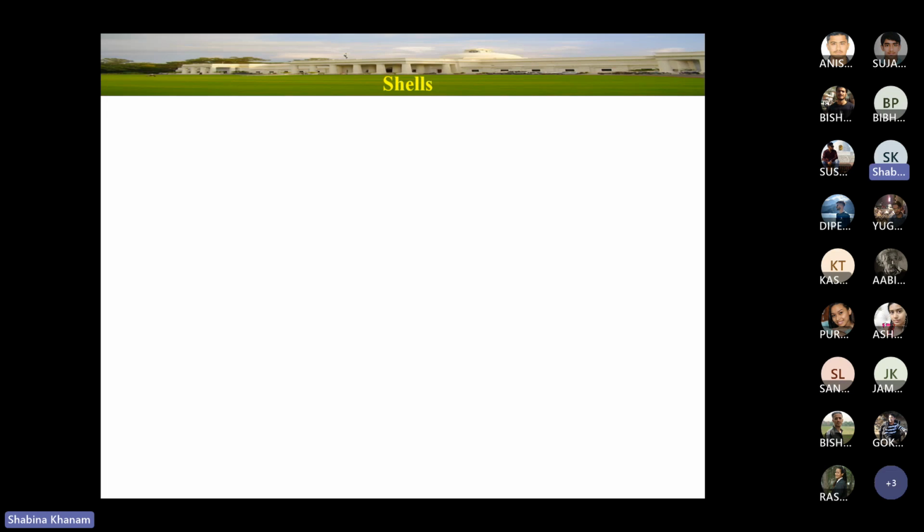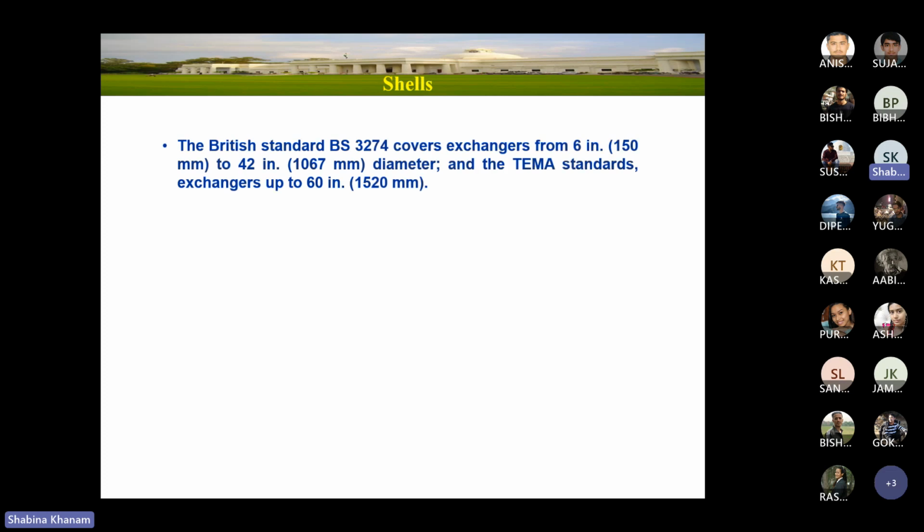turbulence in shell side. Okay, so when we consider this shell, the British standard BS 3274, this is similar to IS Indian standard. Okay, so we have BS like British standards. This covers exchangers from 6 inches to 42 inches diameter, and the TEMA standards cover exchangers up to 60 inches.